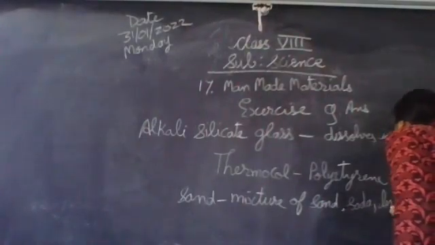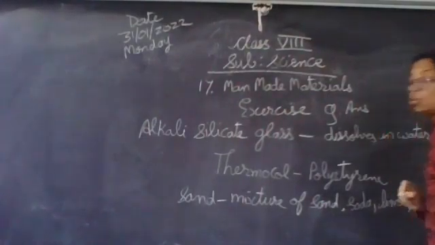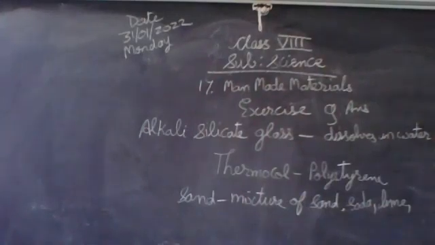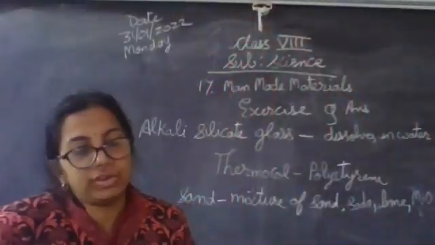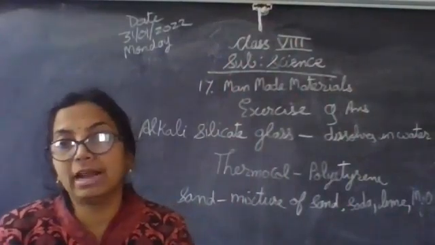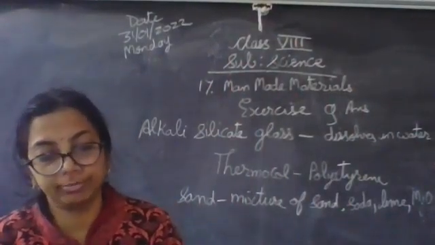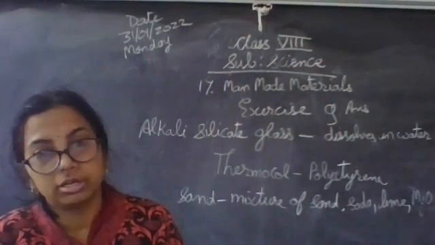Then we need lime and a very little amount of magnesium oxide, MgO. So these are the four materials which we need for production of glass. Okay, glass only.